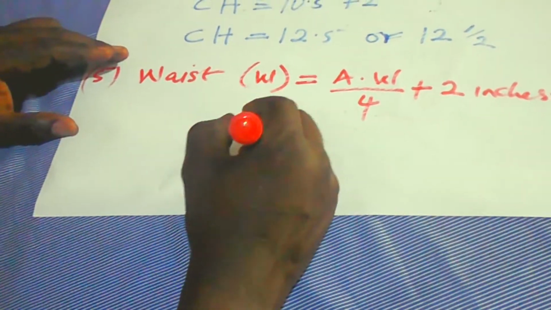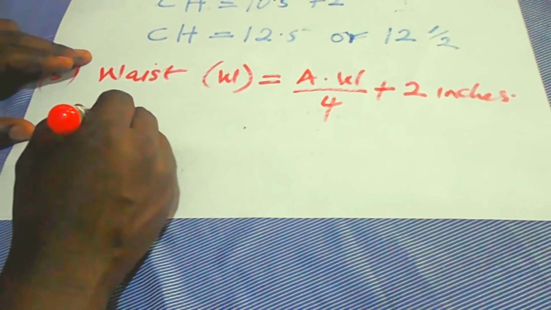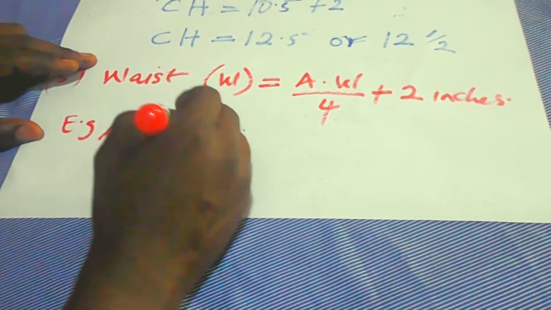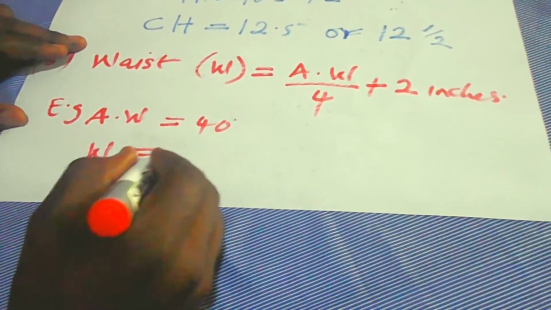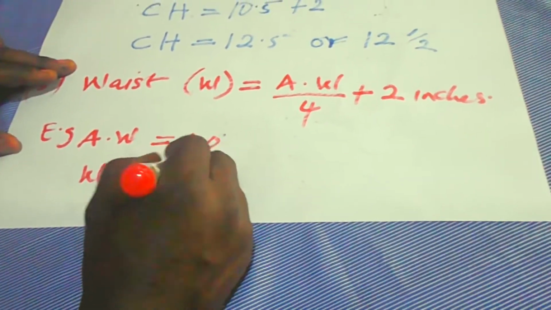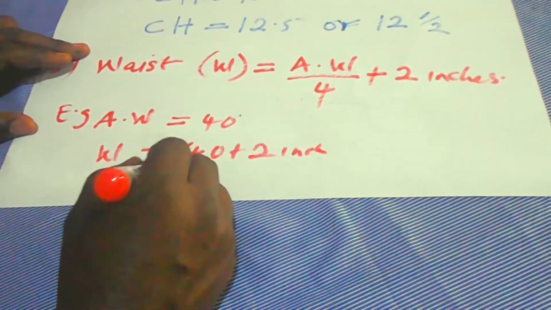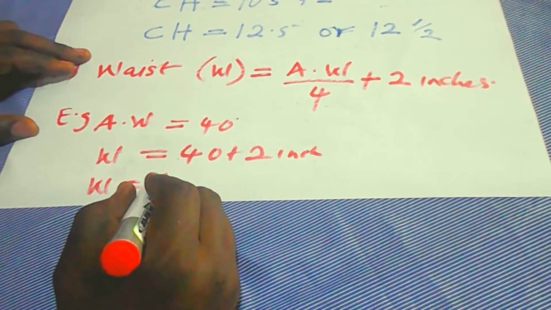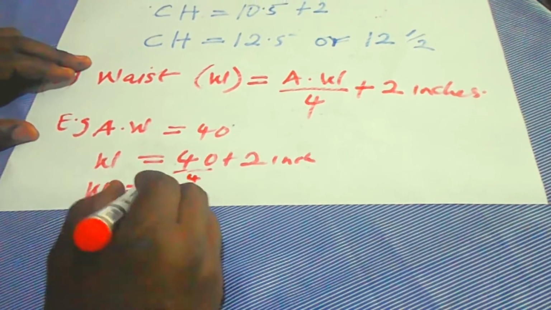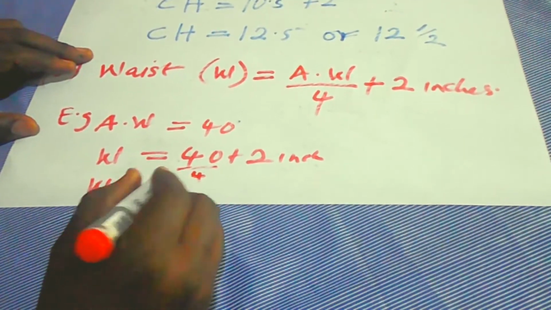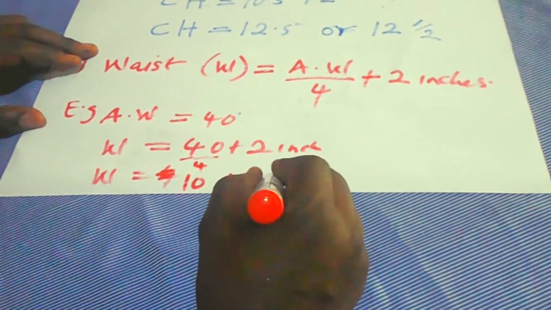Therefore, for example, if the actual waist measurement of the client is 40, the waist you'll be using for the cutting will be 40 divided by 4 plus 2 inches. 40 divided by 4 is 10, plus 2 inches.